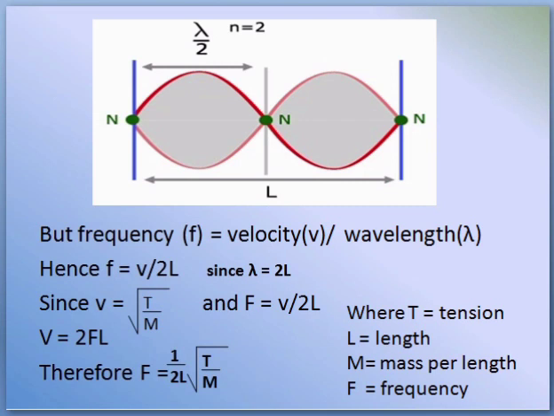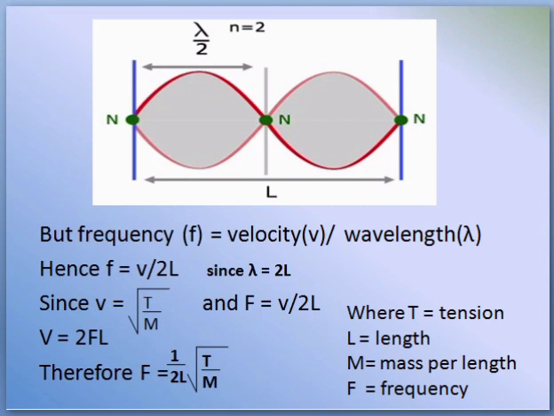But frequency is equal to velocity divided by wavelength, F = V/lambda. By substituting the wavelength, which is 2L, we now have F = V/2L, since the velocity of the string is given as the square root of T over M.